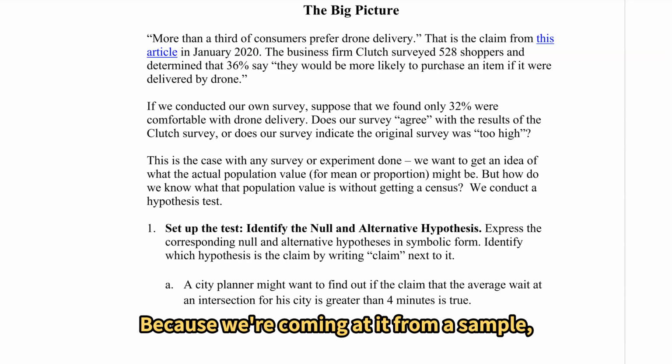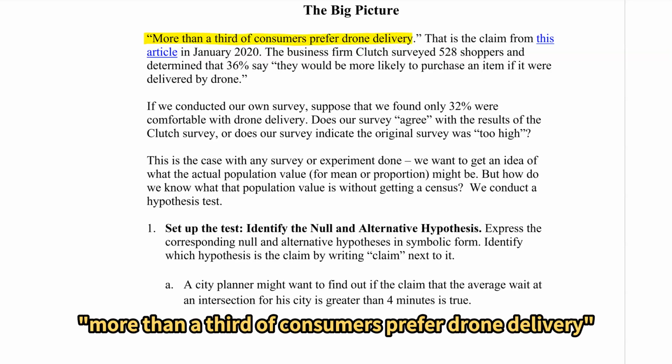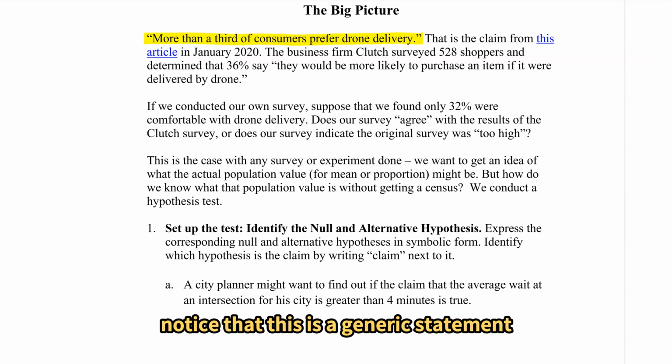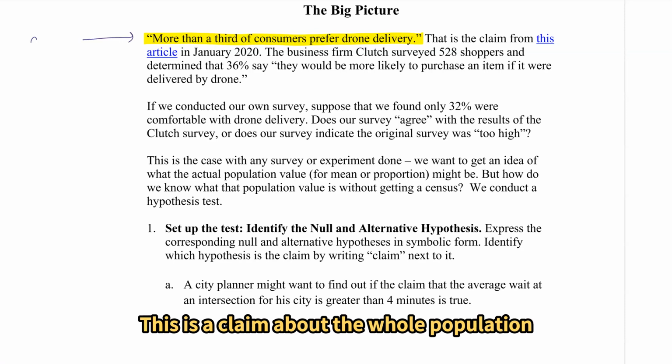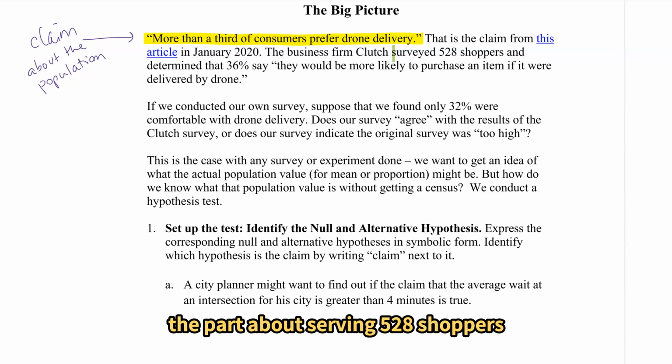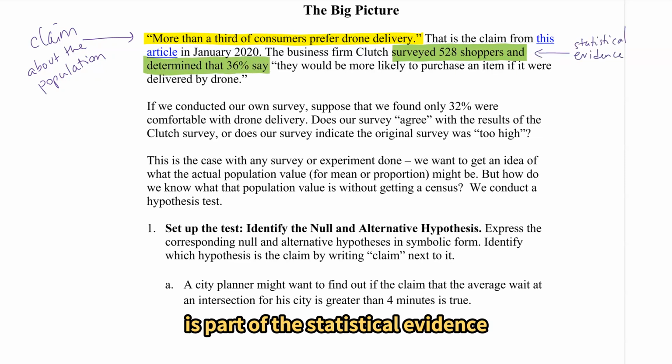Because we're coming at it from a sample, we got this information from a sample. This statement, more than a third of consumers prefer drone delivery, is a generic statement about the entire population. This is a claim about the whole population. The part about surveying 528 shoppers and determining 36% is part of the statistical evidence to support that claim.